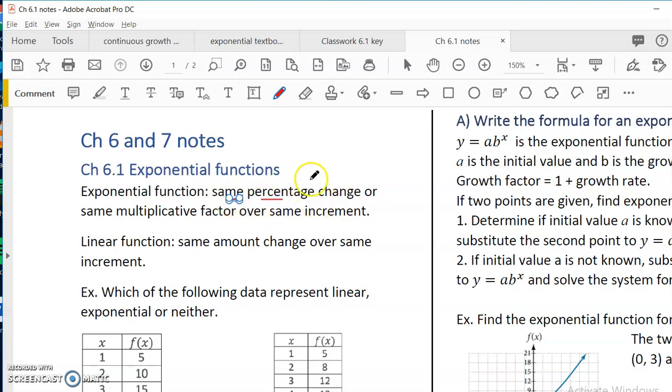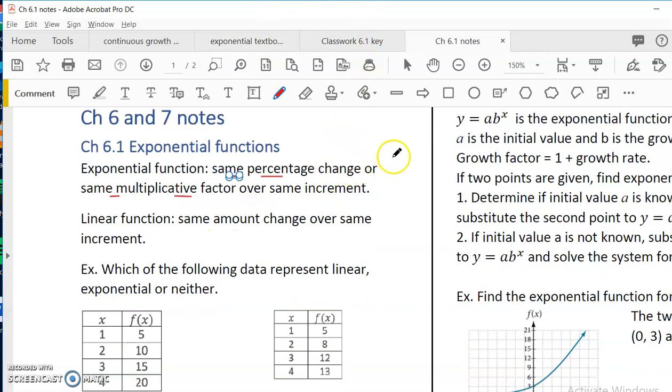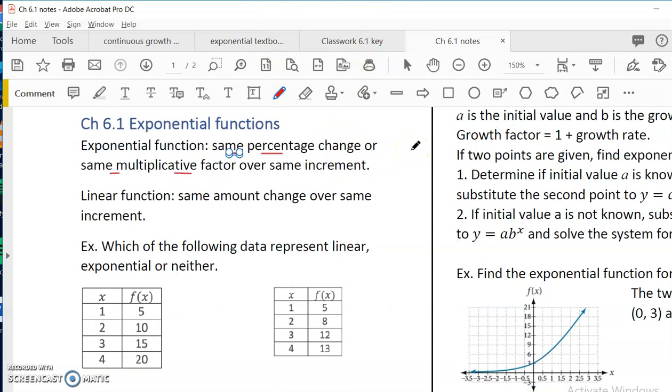That means you have the same multiplicative factor, or you're multiplying the same number over the same increment. So when x increases the same amount, you multiply by the same number, or you increase by the same percentage. The multiplicative factor, the growth factor, is easier to detect than the percentage factor, but they are equivalent.